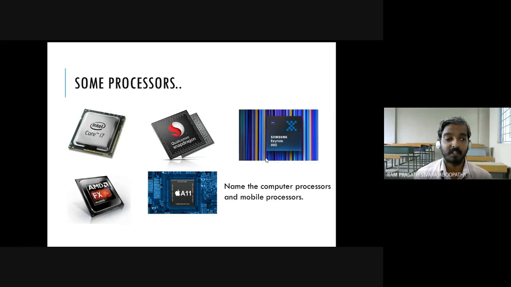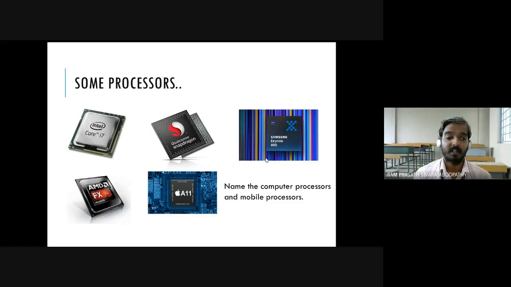That's why we choose Core i7 or AMD, which have very high configuration and features, whereas Qualcomm Snapdragon and Exynos are dedicated to mobile phone applications. These are ARM based processors. All the processors used in our mobile phones and smartphones follow an architecture called ARM.